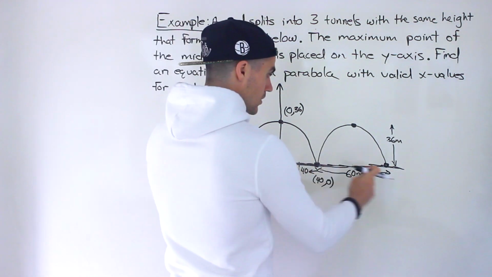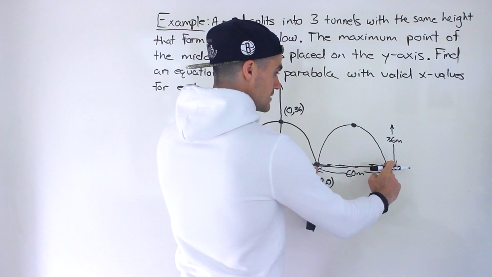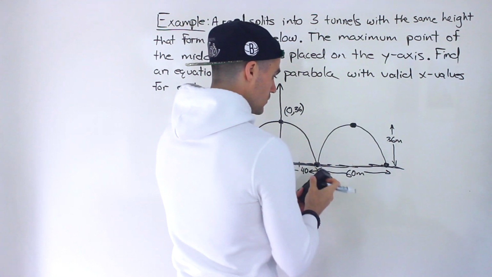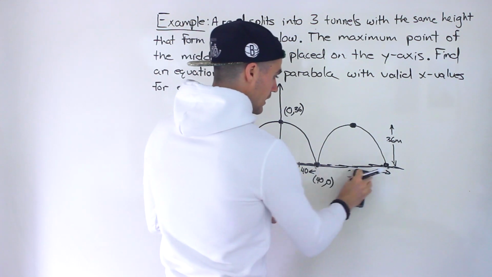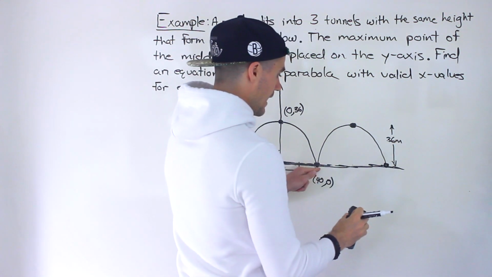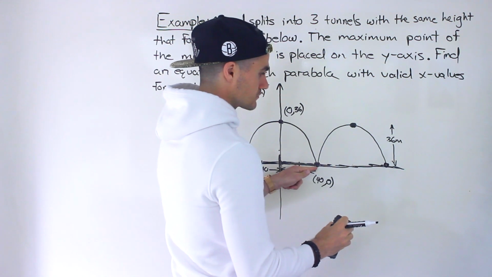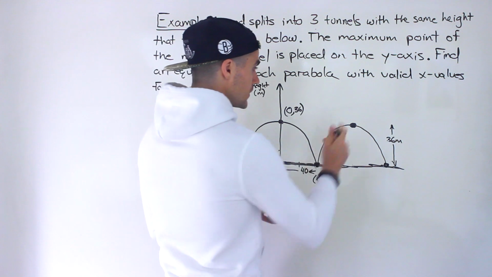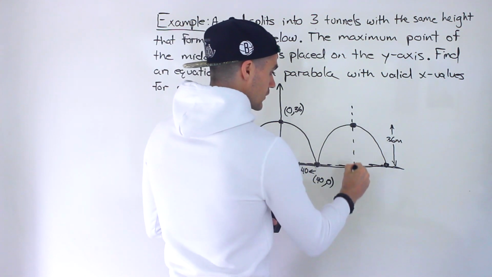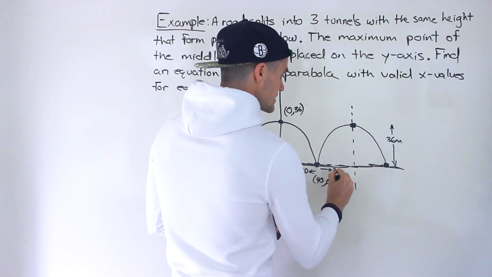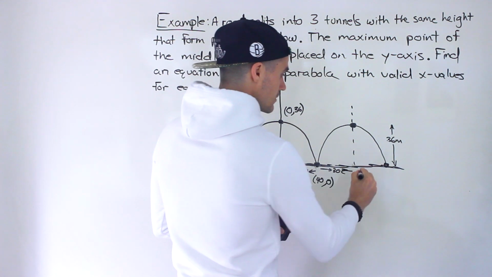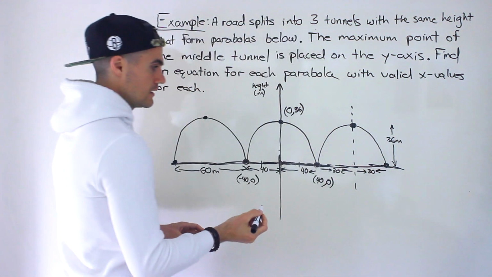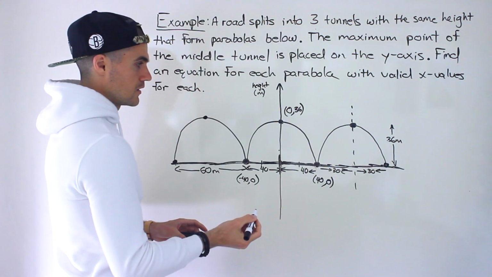So same thing here. Notice that this tunnel, it's 60 meters wide, and then we're dealing with this maximum point here. So what we can do, like we did over here, is instead of looking at this entire width of 60, we could split it up and say that this is going to be 30, and then this width is going to be 30.